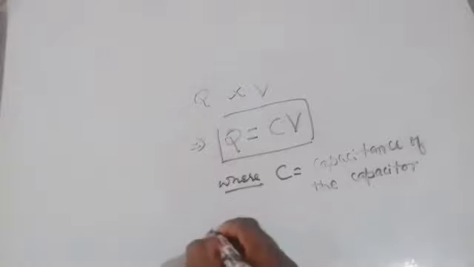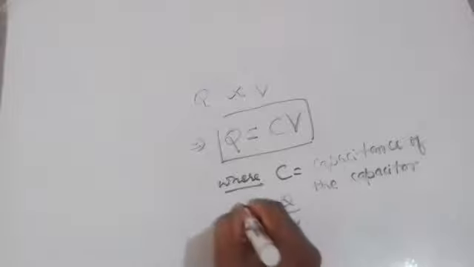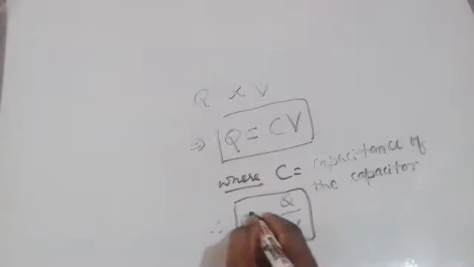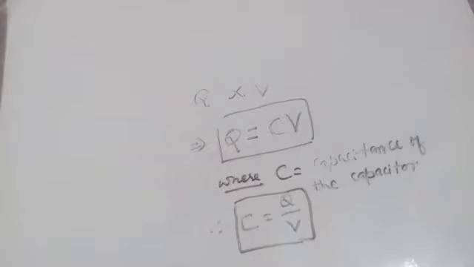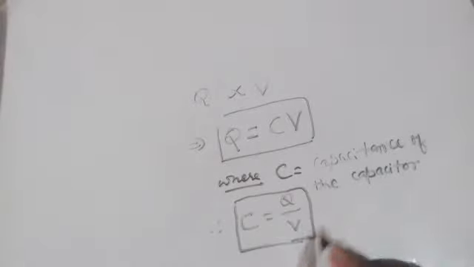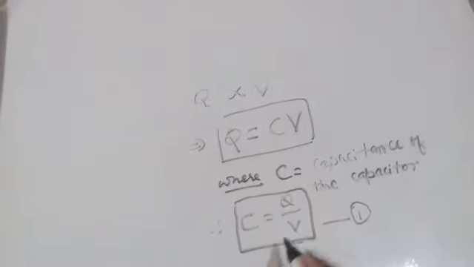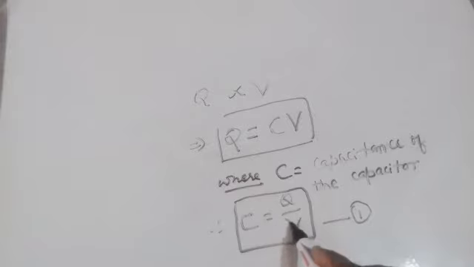So therefore C is equal to Q upon V. This is the mathematical expression for the capacitance of a capacitor, and it is also the mathematical definition. By this formula we can define the capacitance of a capacitor as the amount of charge required to raise the potential difference between the plates by 1 unit.